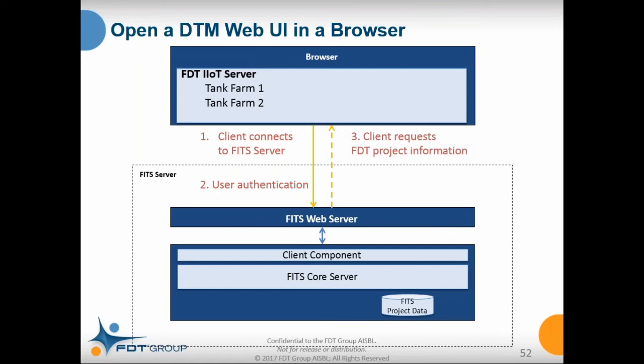Then it loads the initial web page, which is normally a login page, where the user types in the login credentials, and the user is authenticated in the next step. And if this is successful, then the client requests this FDT project information.